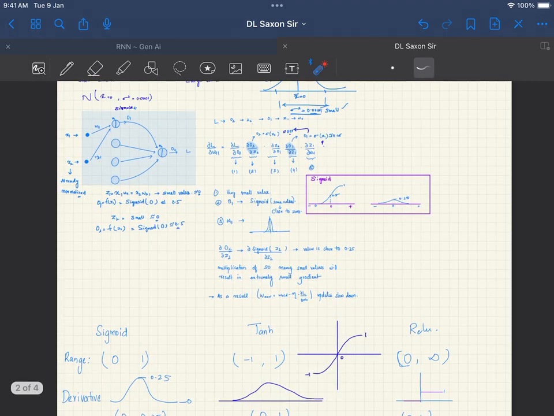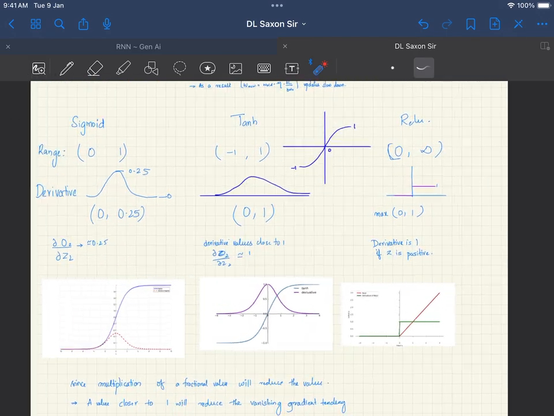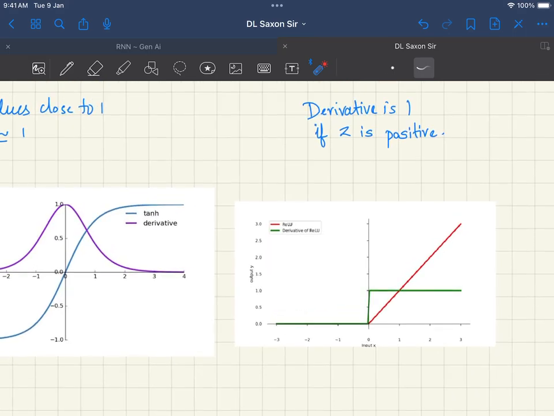Okay, so why not then the other option, ReLU? While using ReLU, the derivative of ReLU is exactly equal to 1. So here also vanishing gradient can happen, but not as much as tan h or sigmoid. Less chance.